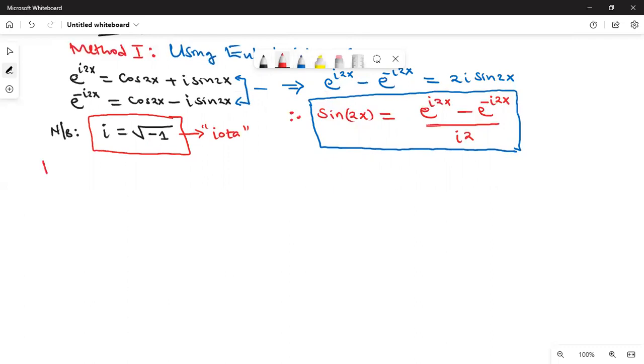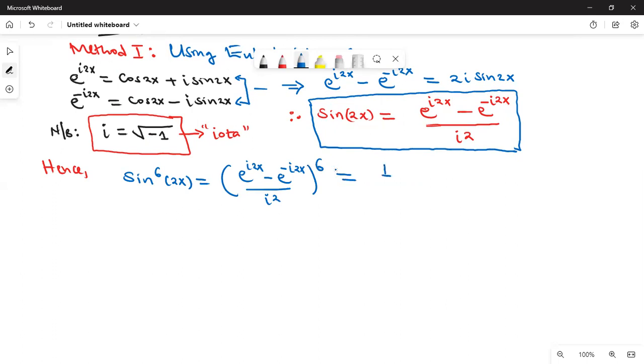So you can say therefore, or hence, sine raised to 6 of 2x is the same as exponential i to x minus exponential negative i to x, everything over 2i, and this is raised to 6, which you can write as 1 over i raised to 6 times 2 raised to 6, which is 64, then times exponential i to x minus exponential negative i to x, and this is raised to 6.